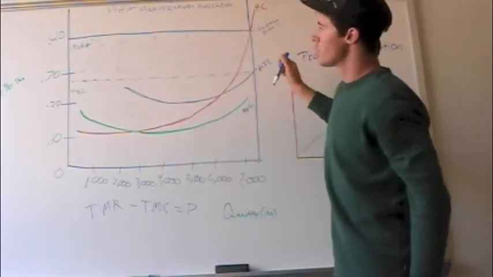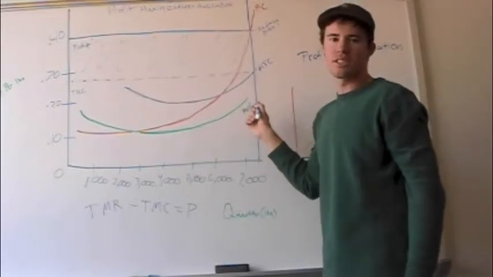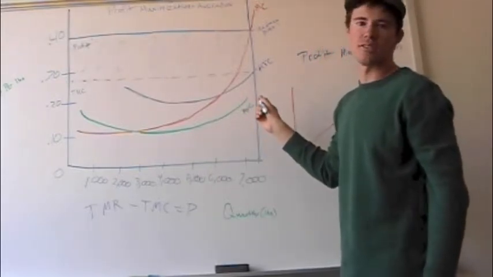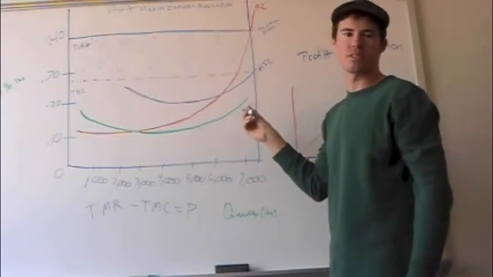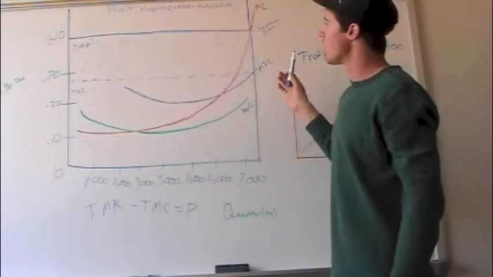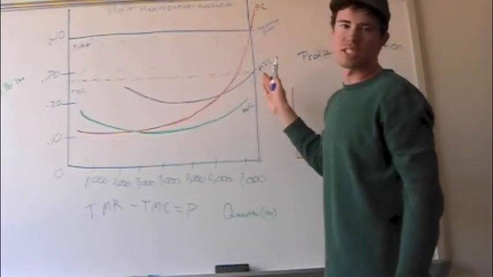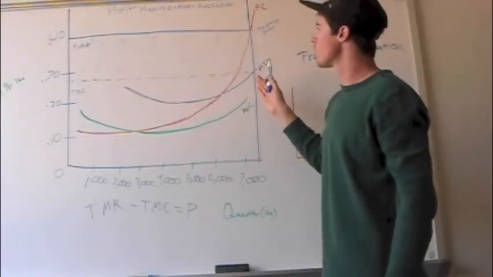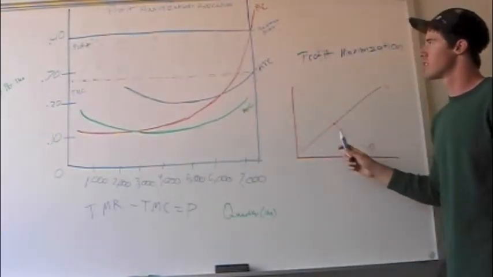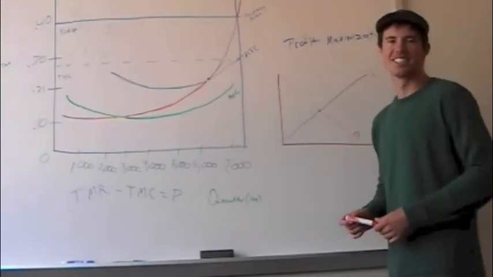And when other firms see that the avocado industry is so profitable, then they're going to want to switch into avocados. Say if the apple market is not making any profit, then apple growers might think about switching into the avocado market, and that would cause us to go over to the supply graph.